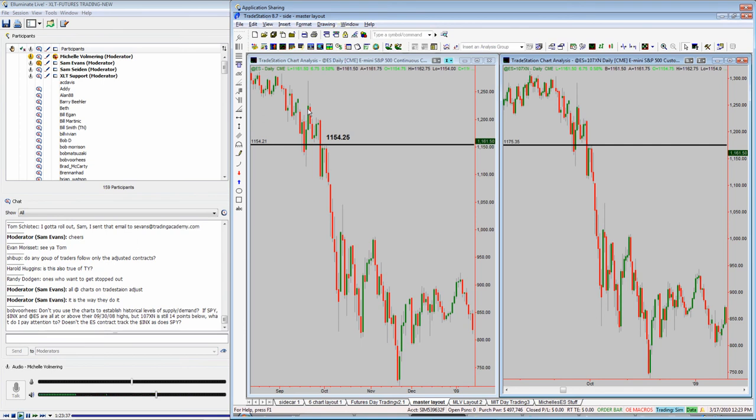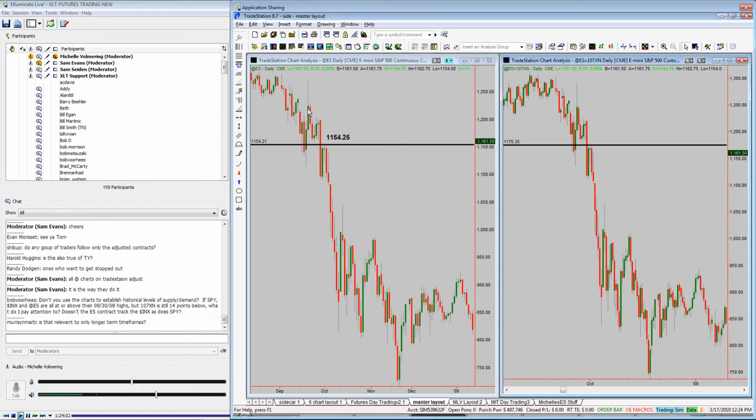Now, if you use supply and demand, and I know Bob Voorhees was specifically asking about the SPY, the INX and the S&P, let's talk about this. The SPY, the INX and the S&P futures market are all derivatives of the cash market. The cash is the big dog of the S&P.